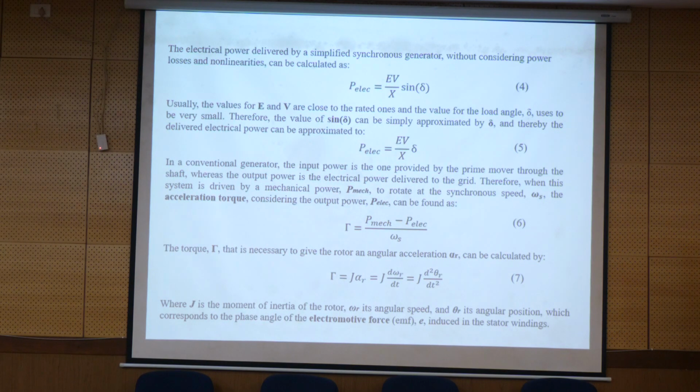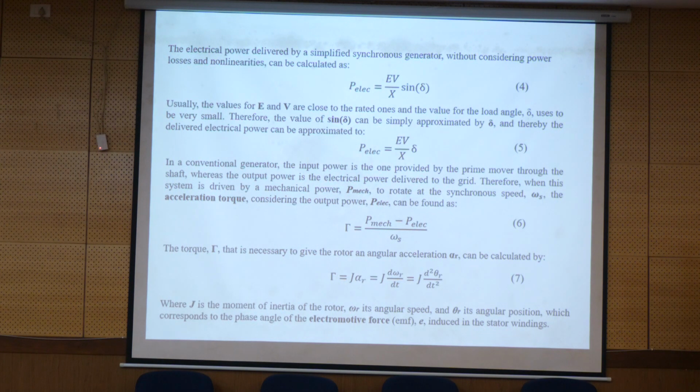So we said that the active power delivered from the synchronous generator to the grid can be calculated by EV over X sine delta. Normally the values of E and V are close to each other, near rated value, so the load angle is not big. So instead of sine delta, we can put delta.